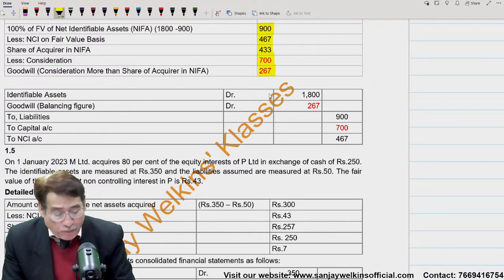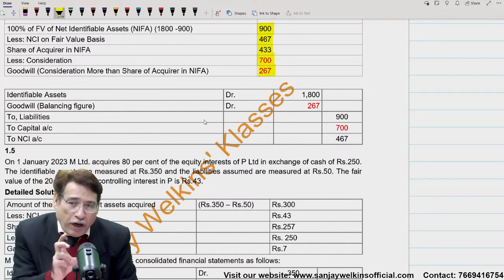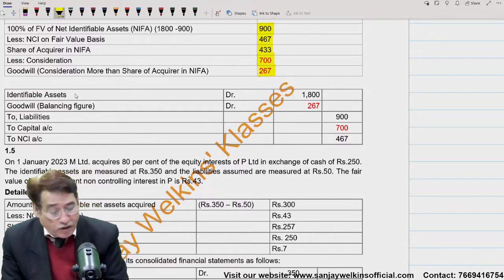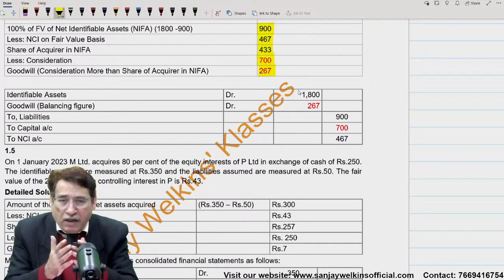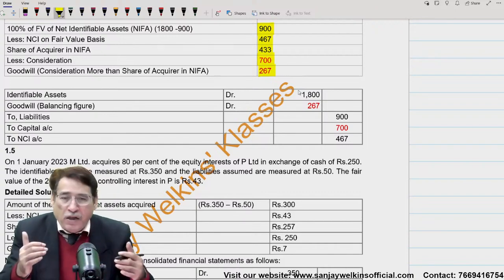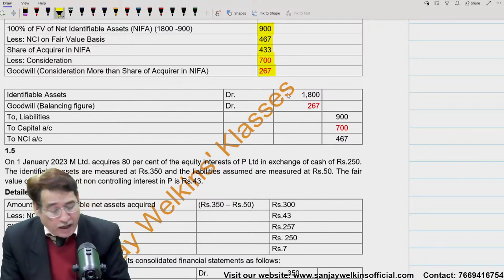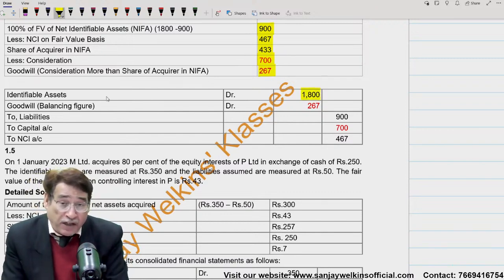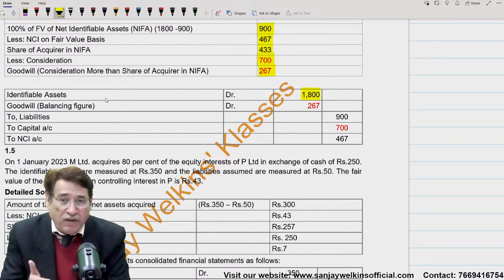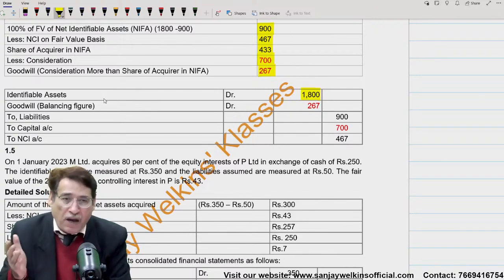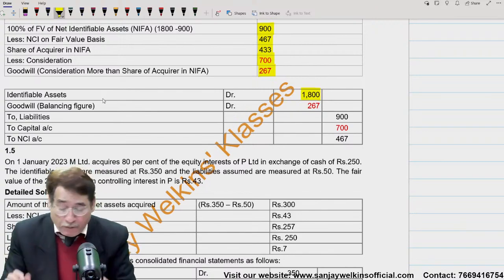The consideration which we have paid is equal to 700, and the amount of goodwill will be equal to 267. Suppose in this case I ask you to pass the entry. There is a way to pass the entry also. If assets and liabilities are given in a segregated manner, as in this question, it is better to first write identifiable asset. Don't directly write net assets, because here the fair value of asset and fair value of liabilities are given separately.